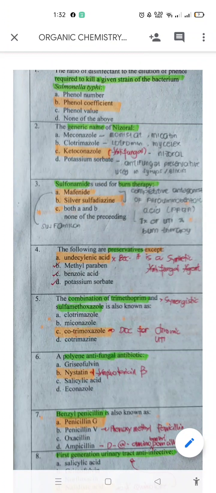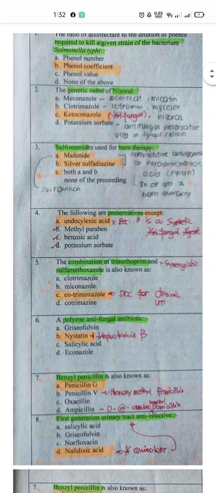So brand name of your mafenide is Sulfamylon, and for your silver sulfadiazine, brand name Silvadene. So I repeat, the brand name of mafenide is Sulfamylon, and for your silver sulfadiazine is your Silvadene. So the answer here is letter C, both A and B.